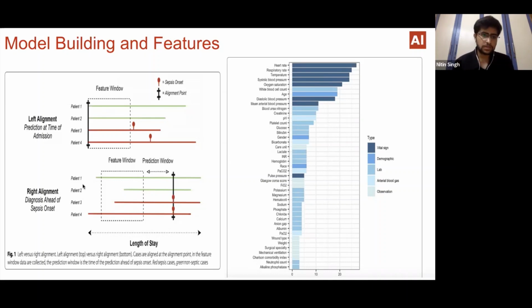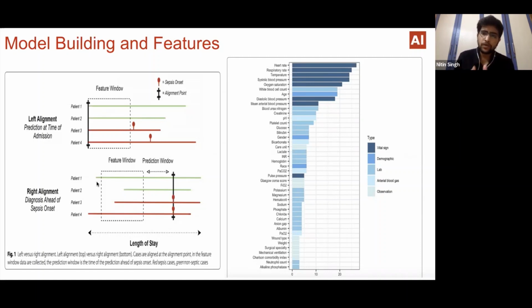Left alignment means you start off with the patient, with the prediction at the time of admission for a certain timestamp, and you have a fixed length of timestamp, say 6 hours or something, and then that particular predictive model repeats every 2 hours or every 3 hours after a patient is admitted into the hospital.